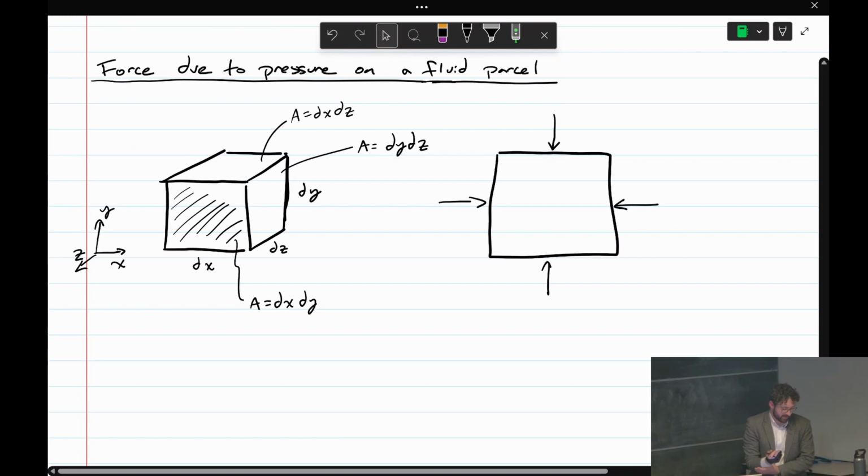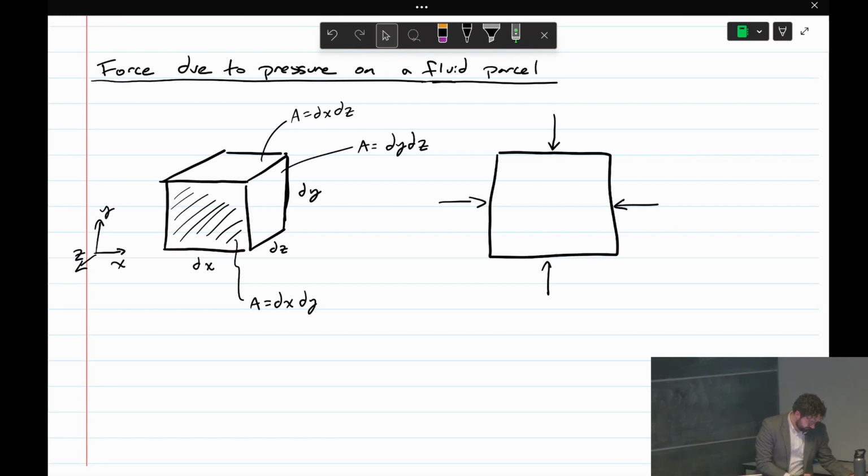So what is that force actually? Let's define the pressure at that face as P1. So the force there is P1 dy dz.